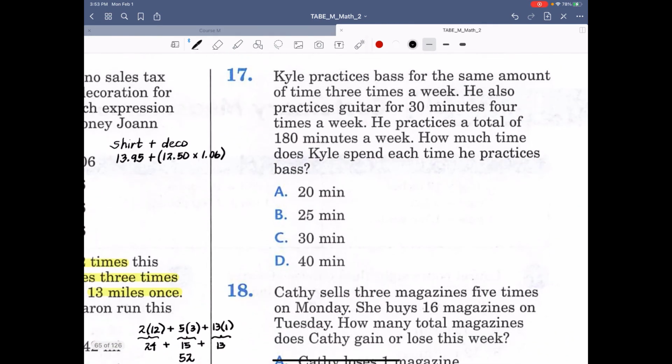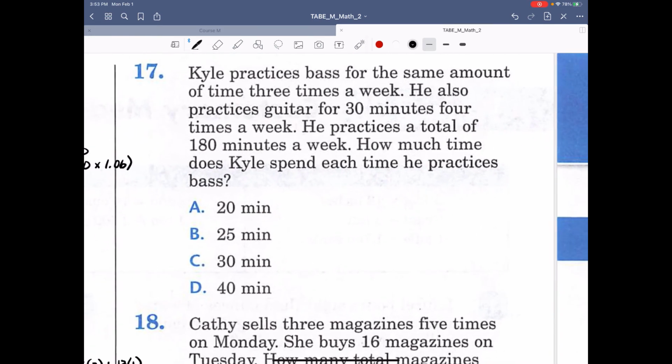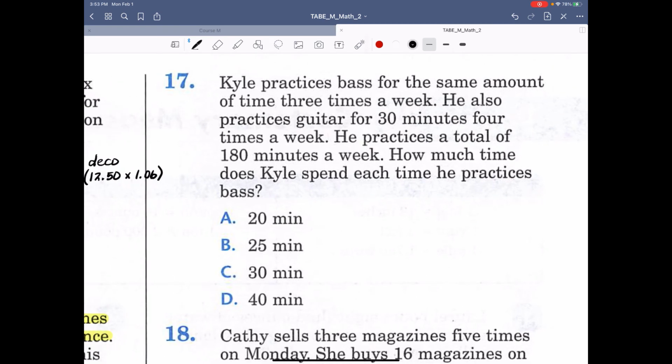Number 17. Kyle practices bass for the same amount of time 3 times a week. He also practices guitar for 30 minutes 4 times a week. He practices a total of 180 minutes a week.